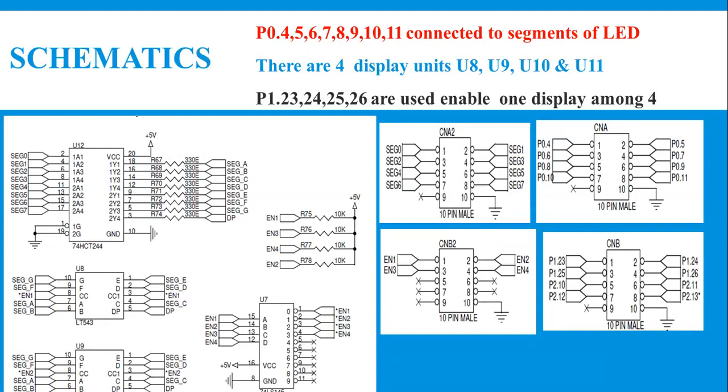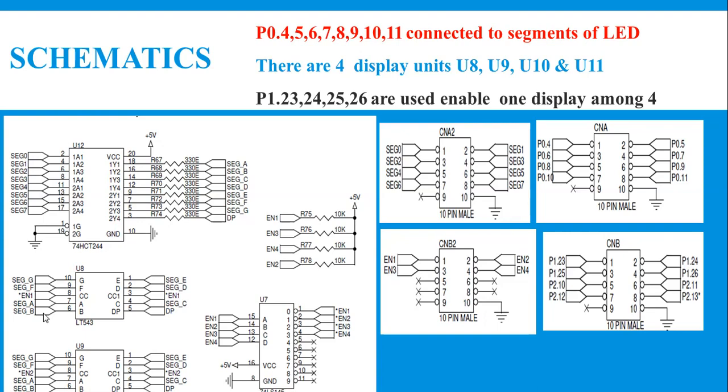In perspective of lab, let us look into the schematic. So in a kit there are 4 7 segment displays available. They are named as U8, U9, U10 and U11, which is not shown in this slide. Okay. And let us consider U8. So U8, there are 8 LEDs, that means 8 segments including dot point.